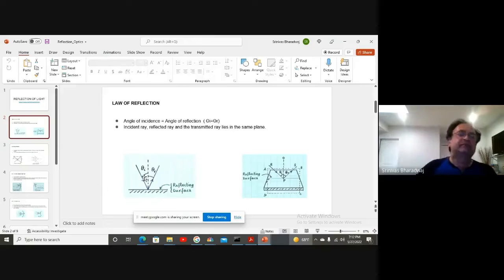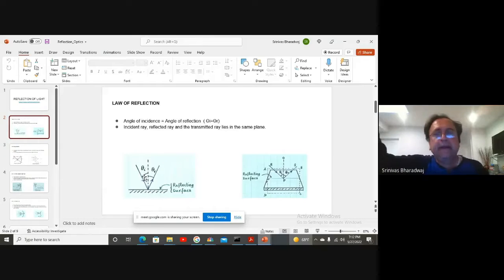Now the world is full of light, right? So a lot of incident rays from the outside hit the mirror and get reflected into the reflection side. Our eyes are very sensitive.